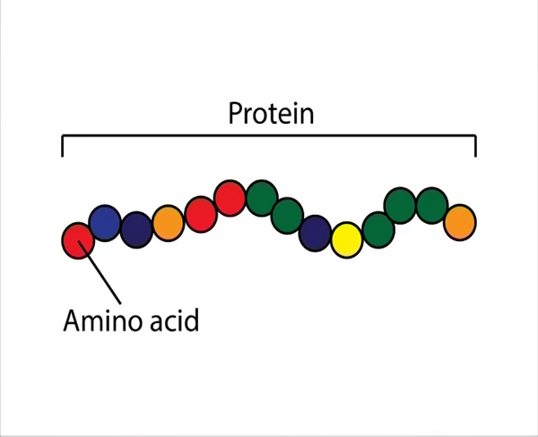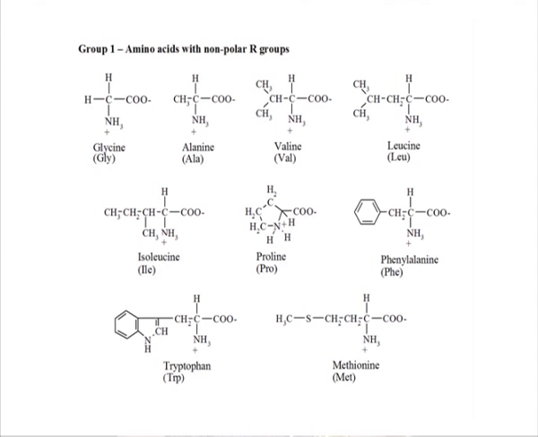Proteins can be classified depending on the structure of amino acids. The side chains are the deciding factors for intra and intermolecular interactions in proteins, and hence for protein properties. Amino acids can be classified as amino acids with non-polar uncharged side chains. Examples are glycine, alanine, valine, leucine, isoleucine, proline, phenylalanine, tryptophan and methionine.